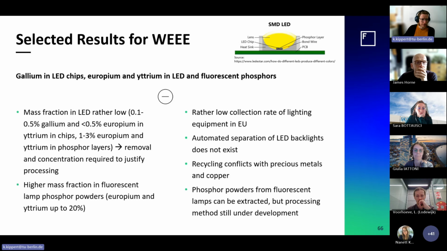And if the aim is to recover these rare earth elements, then it's necessary to remove and concentrate these LEDs.